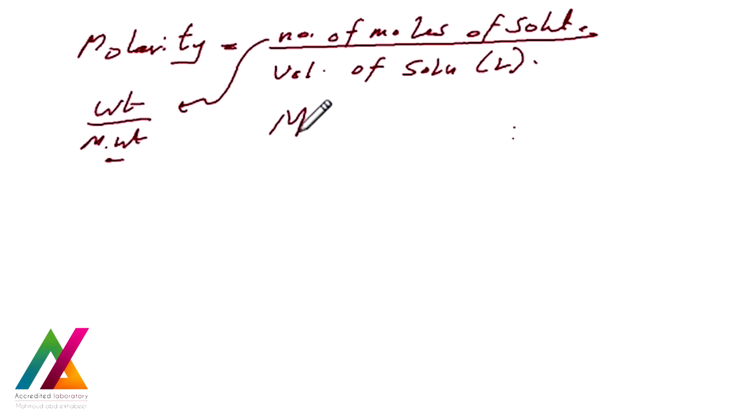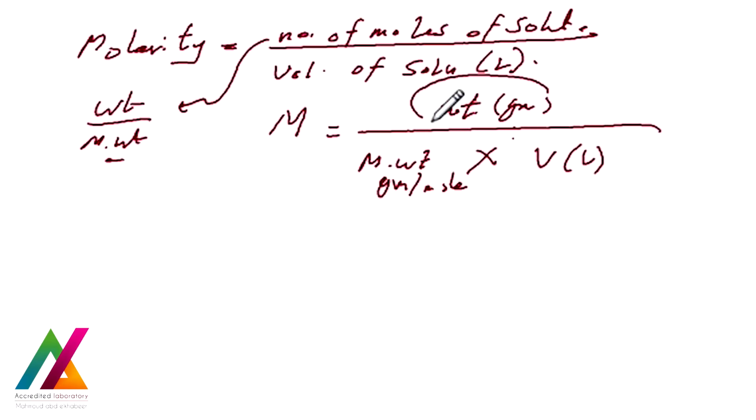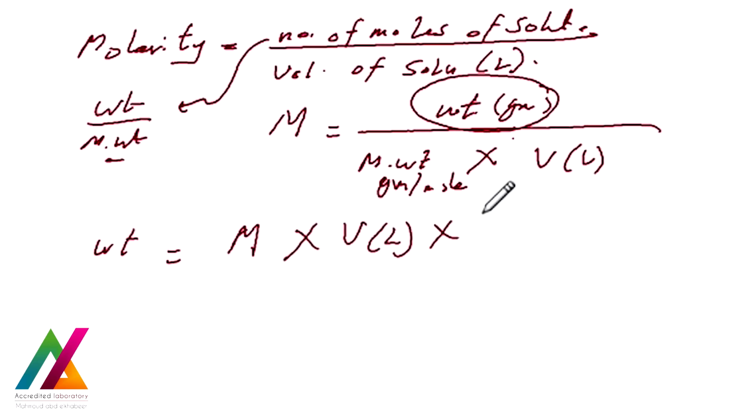So molarity is equal to weight in gram divided by molecular weight in gram per mole multiplied by the volume of solution in liter. So weight in gram is equal to M, molarity, times V, volume of solution in liter, times molecular weight.